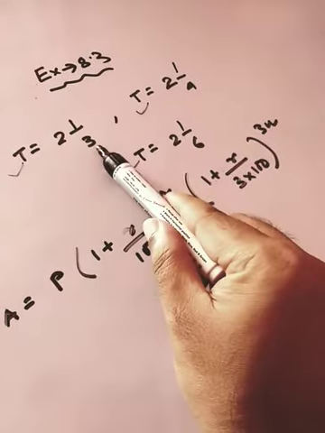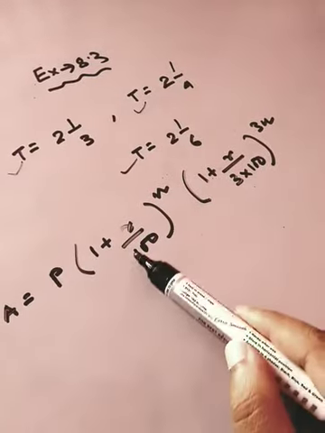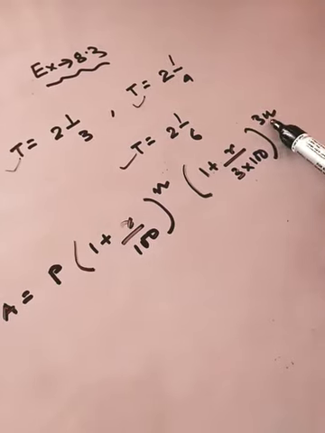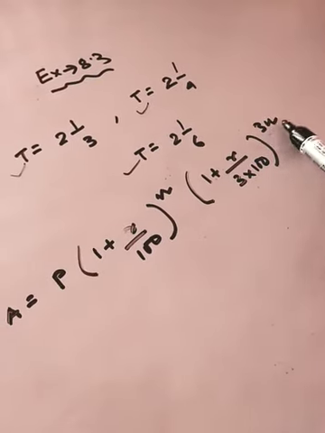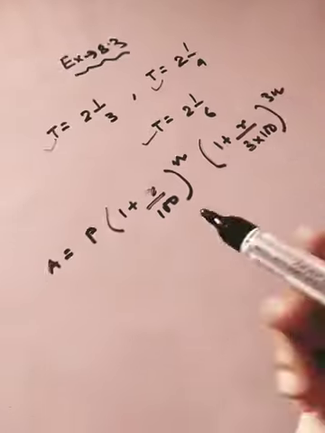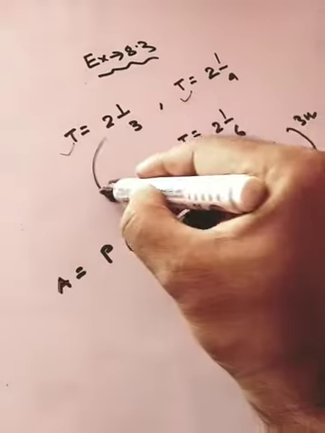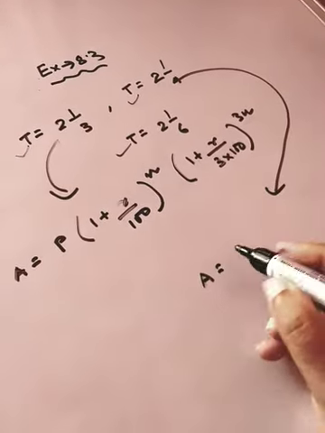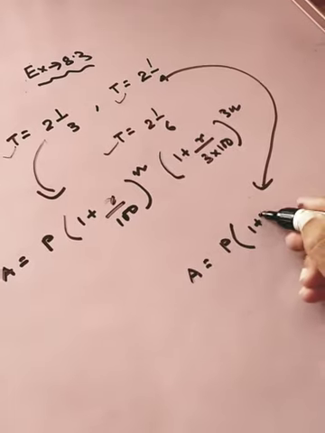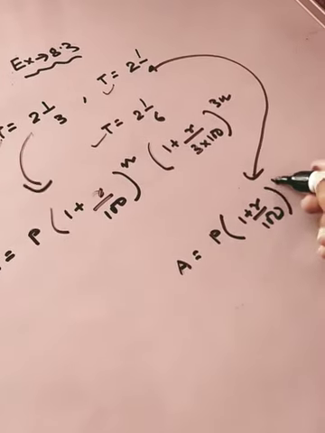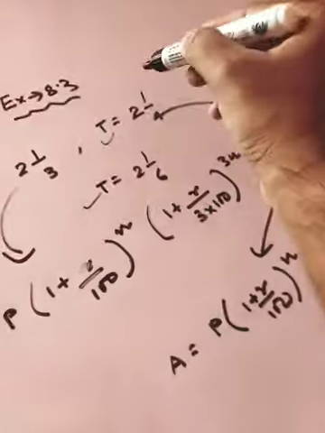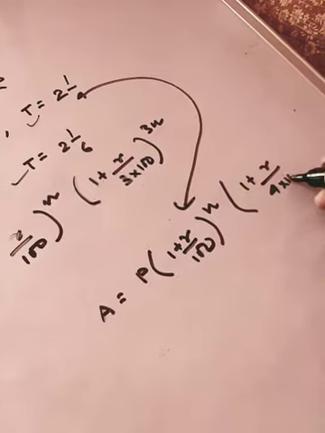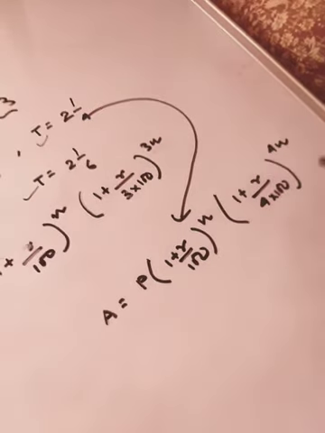Because it carries 3 as the denominator, I have written 3 just below the r and multiplied the number of years by 3. Similarly, for the next one, A equals P (1 plus r by 100) to the power n for 2 years, and for 1/4 I will write 1 plus r by 4 into 100 to the power 4n.